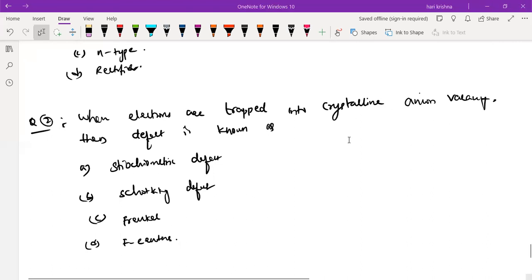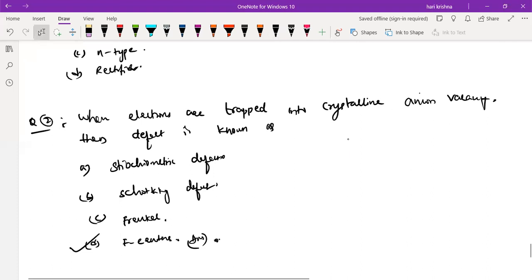So what is the answer? The answer is F-centers. The F-centers are the Farbenzentren, which impart color to the given crystalline solids.